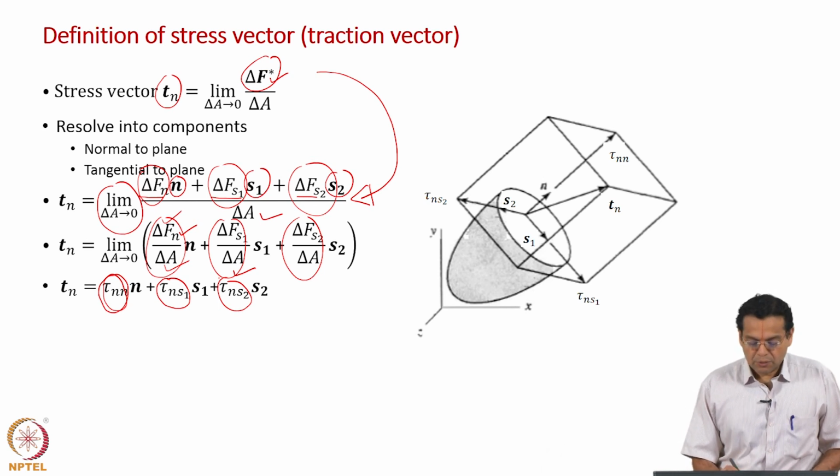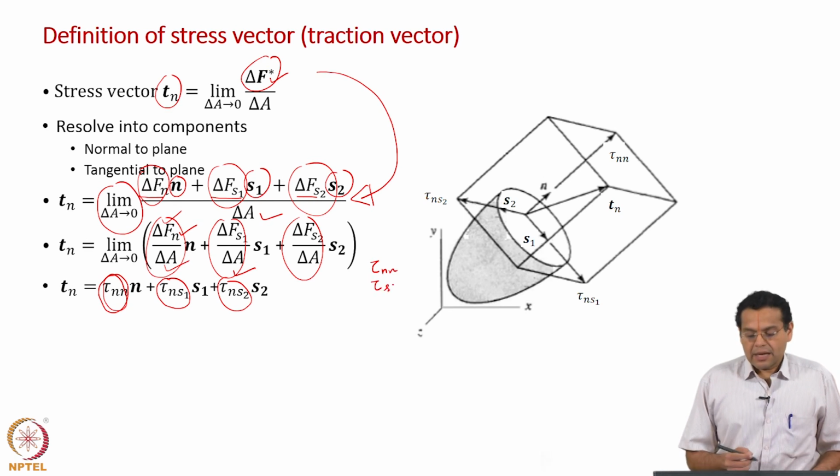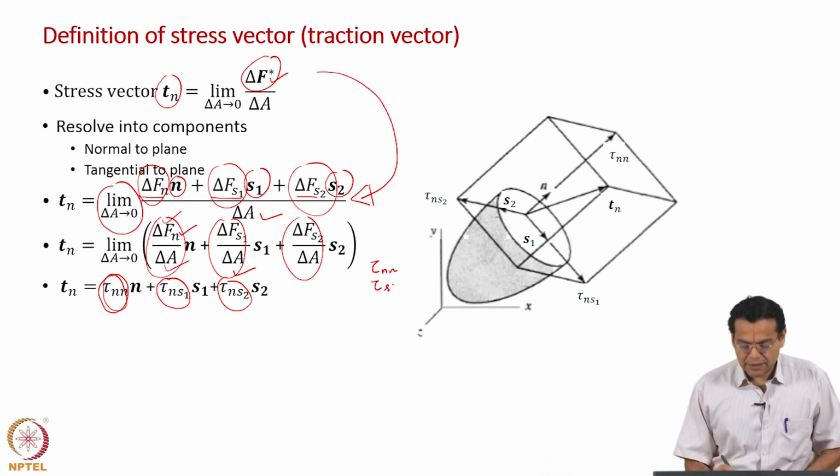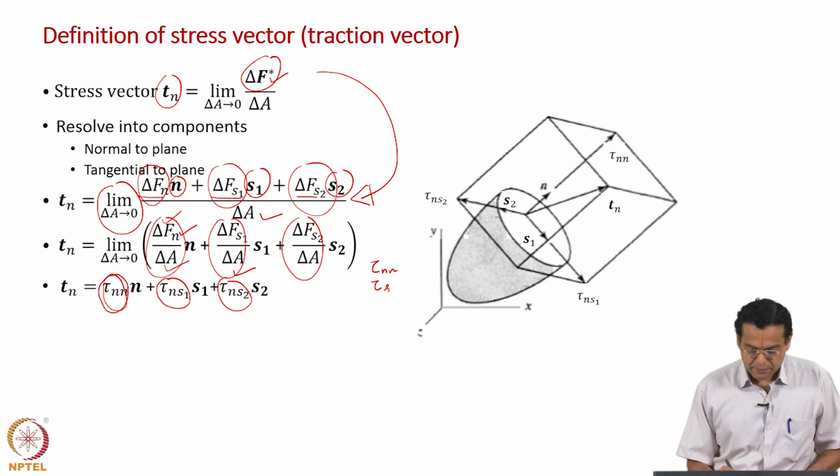So you have the normal stress component tau nn and then 2 shear stress components. As I told you, because it is on the plane you cannot have just one; even if you have one, you will have to resolve it along 2. That is why you have 2 shear stress components, tau nS1 and tau nS2.